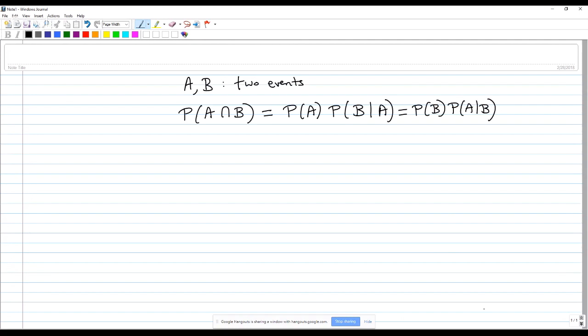Okay, so typically what will happen in most problems is you will be able to compute P of A, P of B, and P of B given A will be easy to compute.